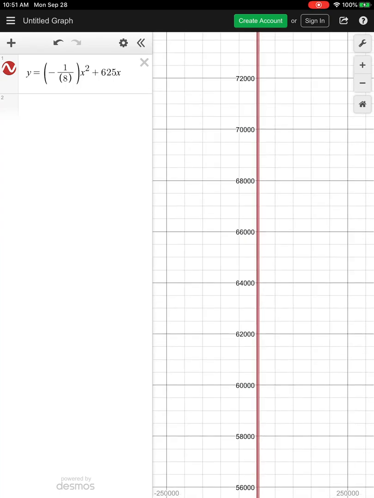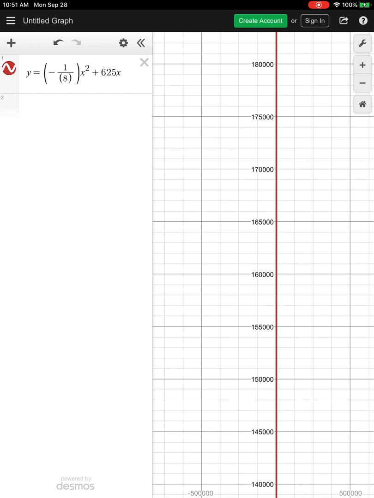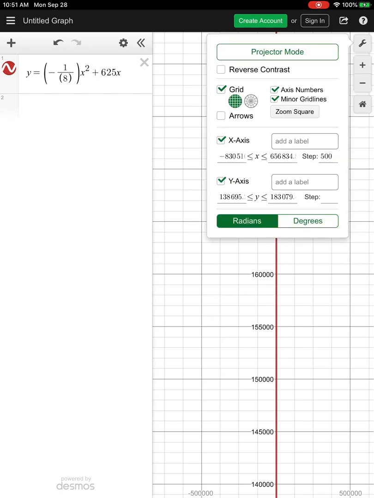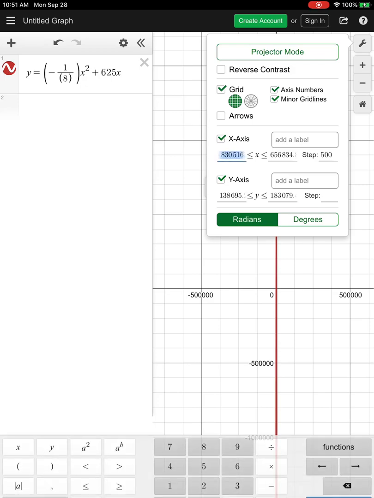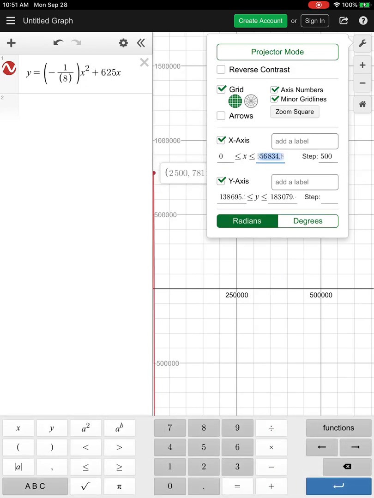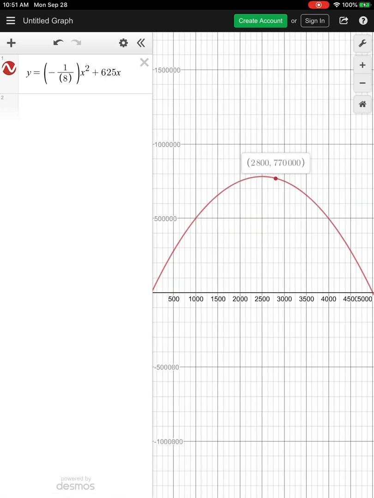It's getting skinnier. Let me try zoom square here. And let's try this again, 0 to 5,000. There we go. Okay, gives us a little bit of a better picture. We don't have to scroll all the way up there.